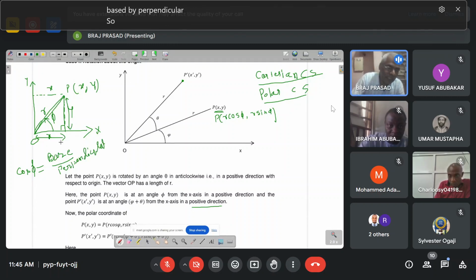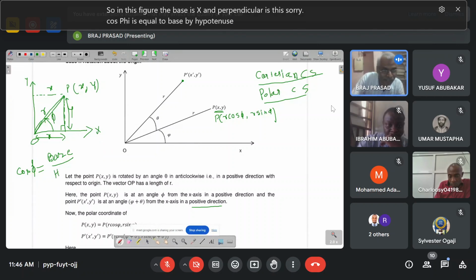So in this figure, the base is x and the perpendicular is y. Cos phi is equal to base by hypotenuse.